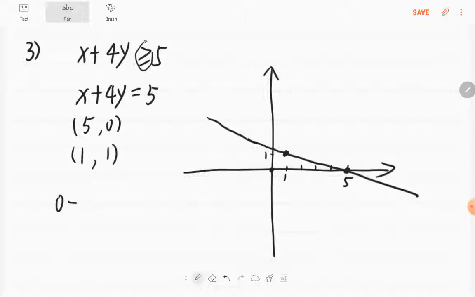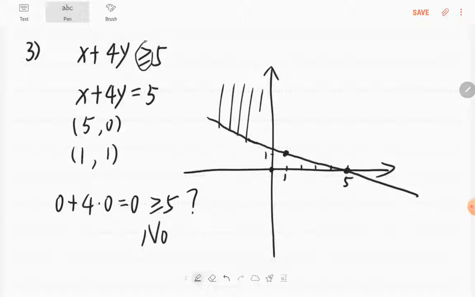So 0 plus 4 times 0 equals 0, which is greater than or equal to 5? No. So the plane containing the origin is not the one, so we should take the one above this line.